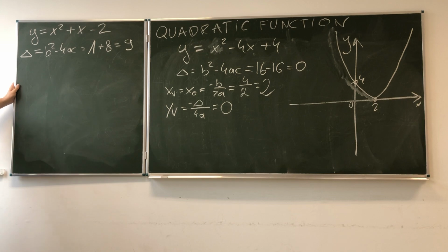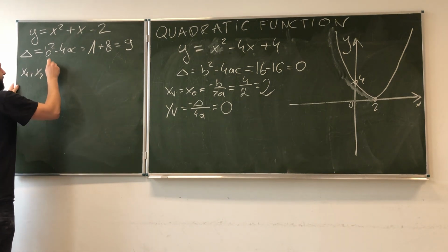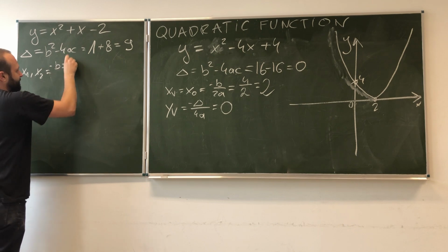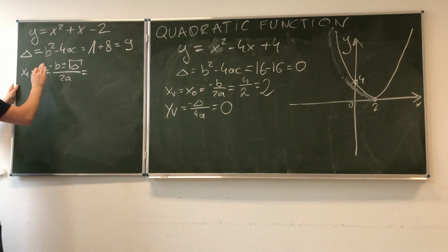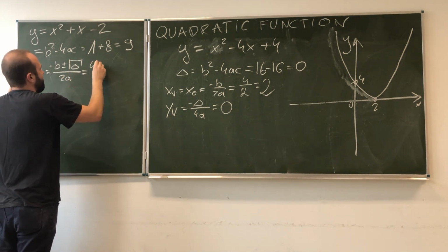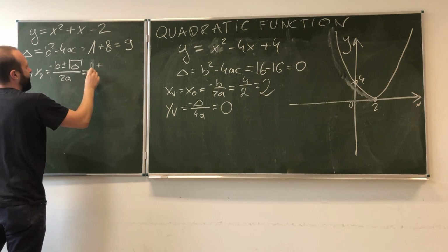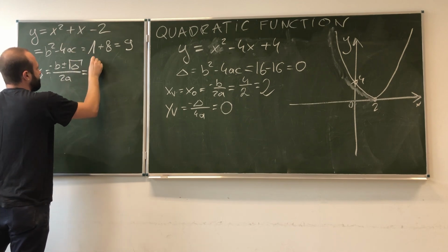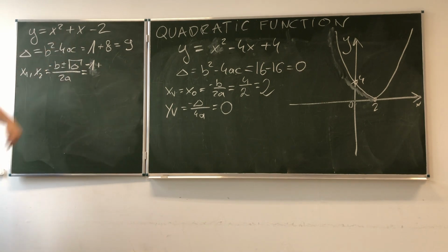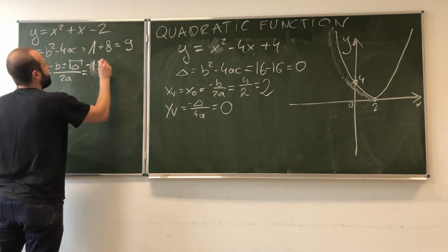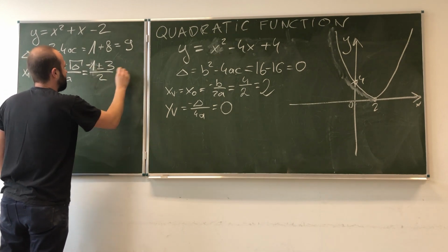So, knowing this, we can calculate x1 and x2, which are given by negative b plus minus square root of delta over 2a, which again gives us negative 1 plus minus 3 over 2, right?